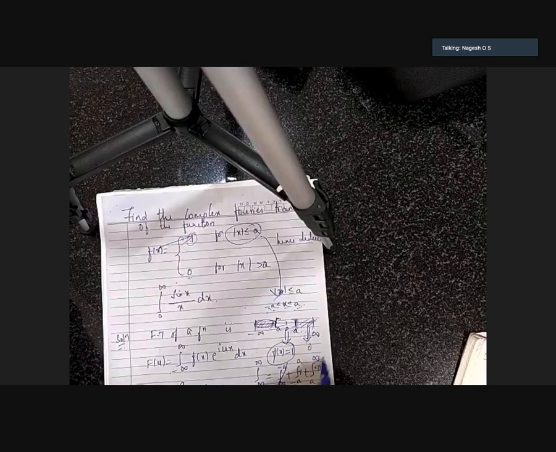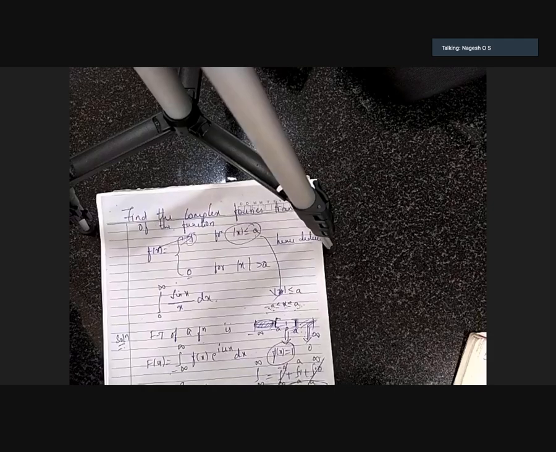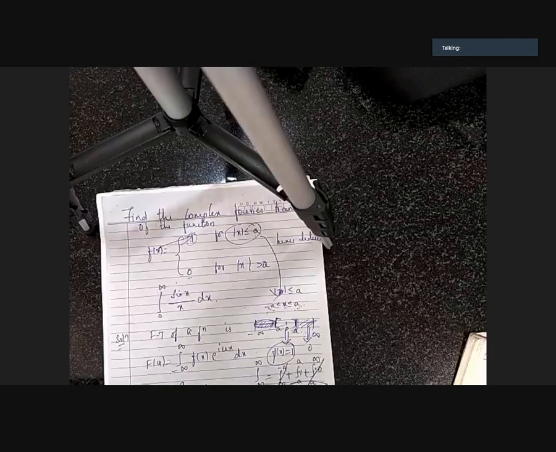Since we have 0 here, no need to write this. Only the integral from minus a to a of 1 times e power iux dx will come. Understood now? Or do you want me to explain again? If you want, I will explain.